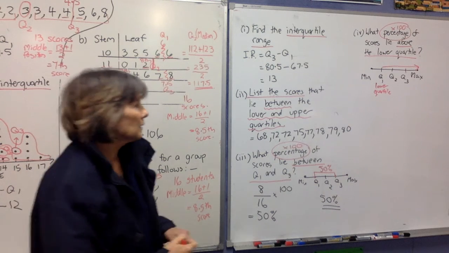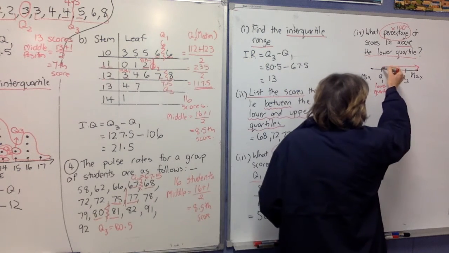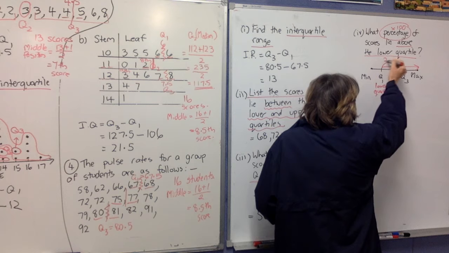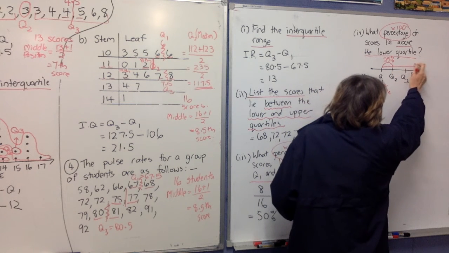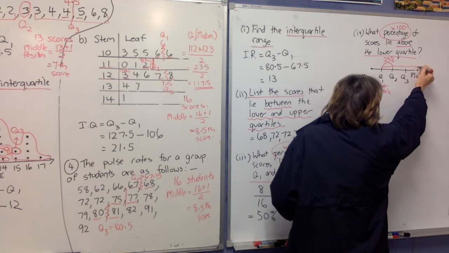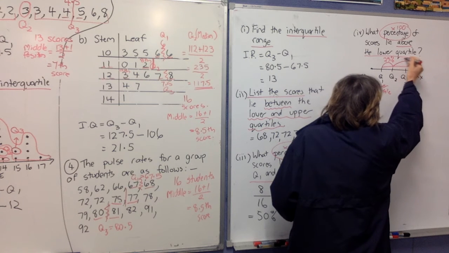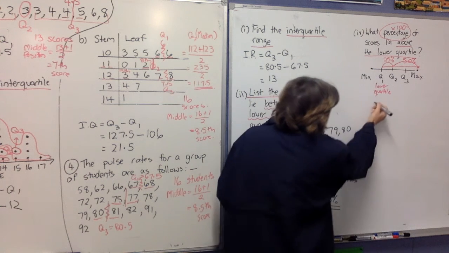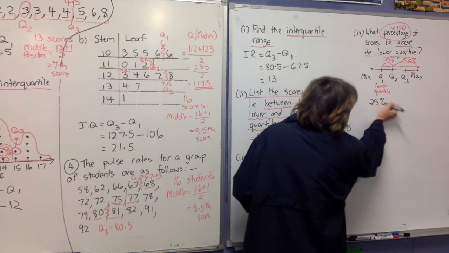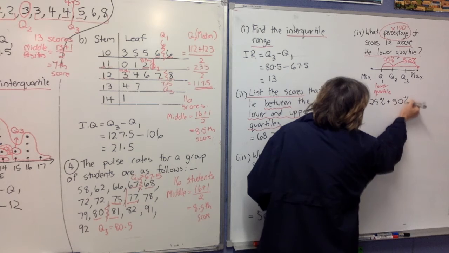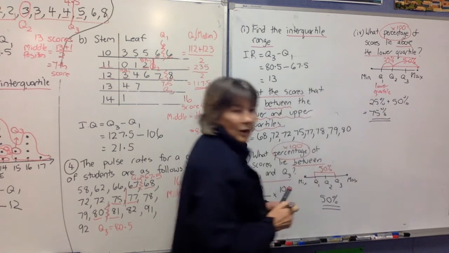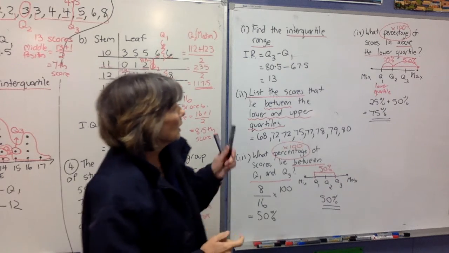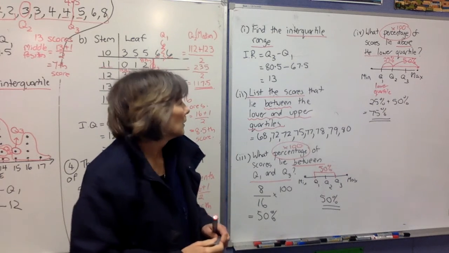Well, if you think about it, we have 25% in there. To take us to the end here, 50%. 25% plus 50%, you have 75% of your scores lying above the lower quartile.